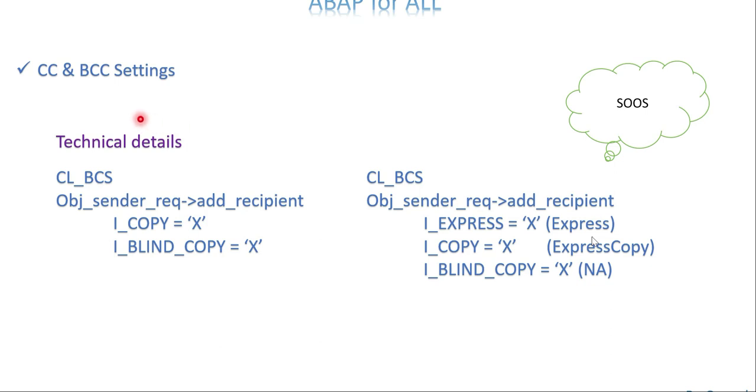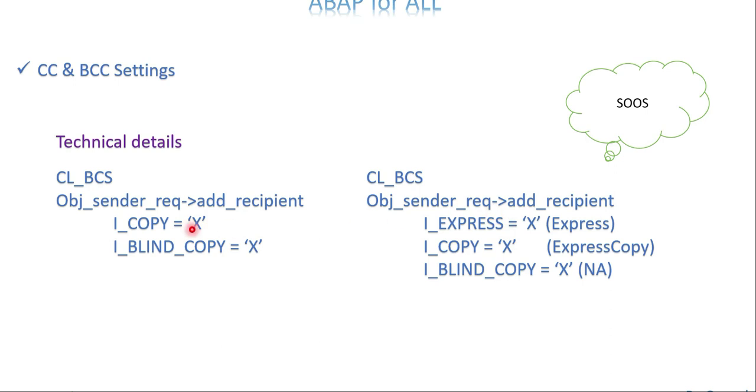To make one of your email IDs a CC or BCC, there is a method which we have already used to add a recipient. It is add_recipient, a method which is part of the class CL_BCS. We have used it with parameters: the receiver name, meaning the email address, and the parameter I_EXPRESS equal to X.